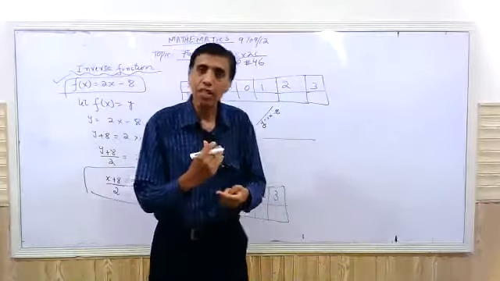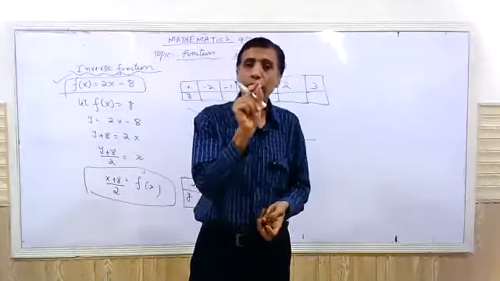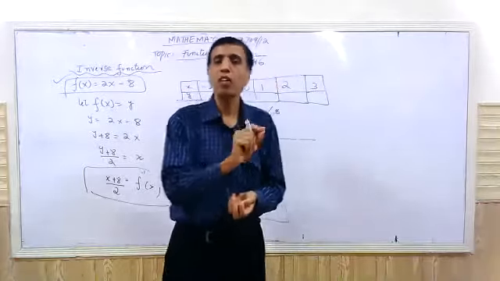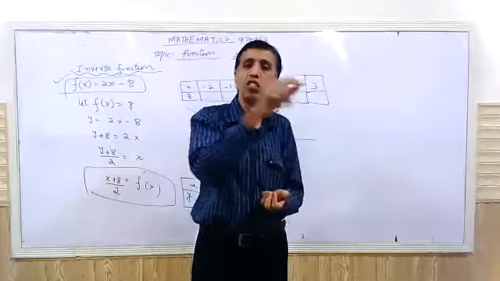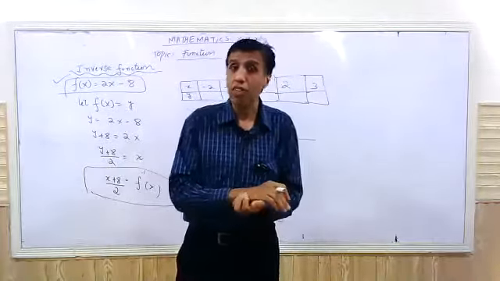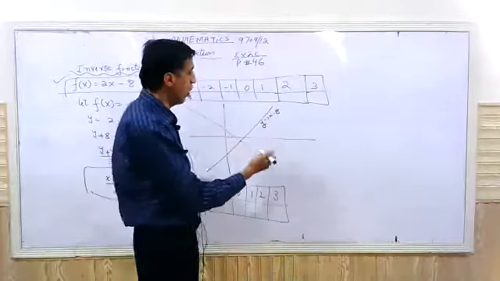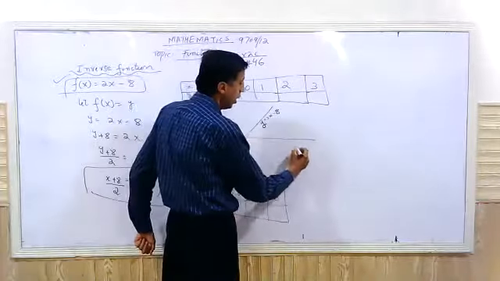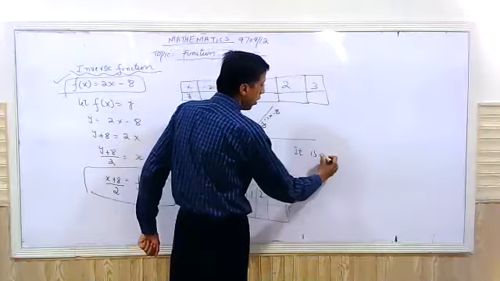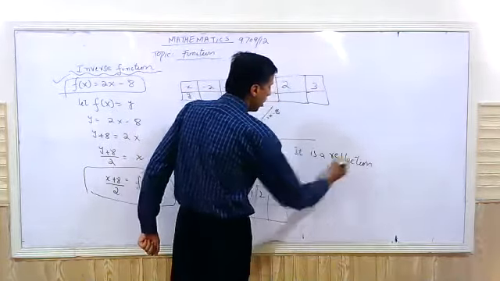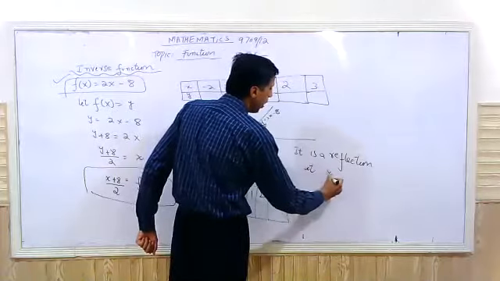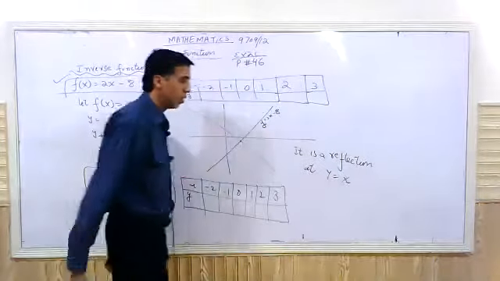These two lines intersect. Now the next thing, Cambridge asks the question, what is the relationship between these two, the function and its inverse? Always you will have to write, it is a reflection at y is equal to x.